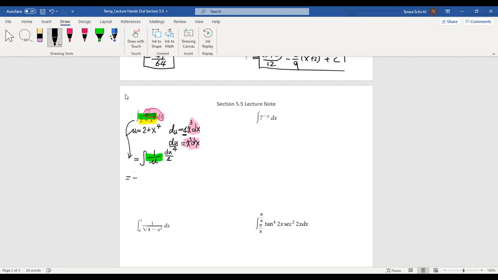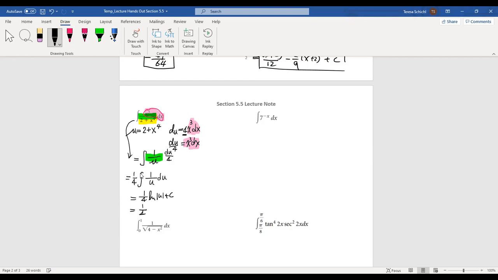Then I can move the 1 over 4 to the outside, and here this will be 1 over u du. This is the formula we are familiar with, 1 over u. What is that? It's the natural log of u plus C. And don't forget the last step, we need to substitute back.